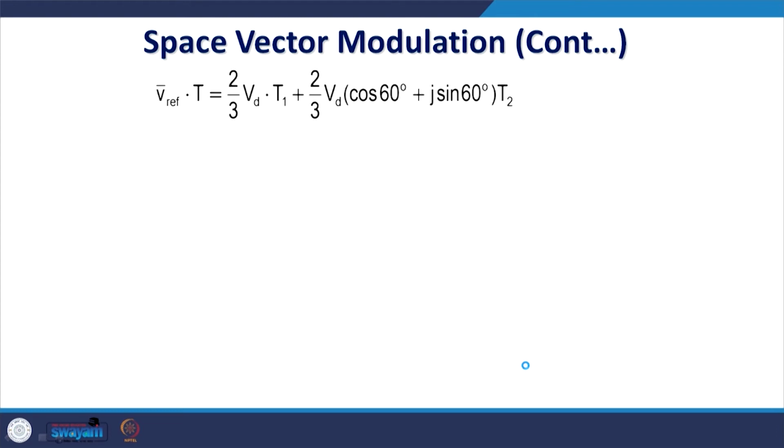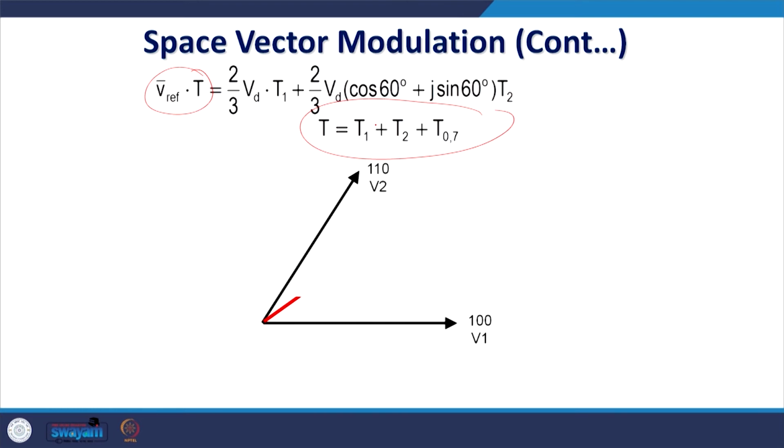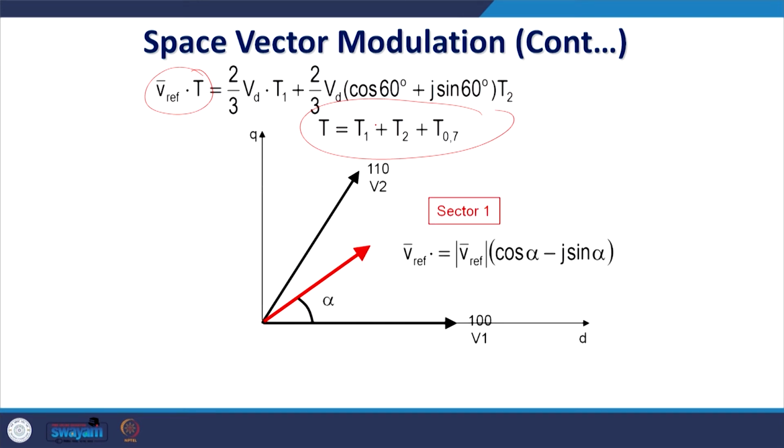So, what happened now, we can rewrite these equations, where T1 plus T2 plus T0 or T7 equals T, and we can rewrite this like this. This is the angle alpha, ultimately V ref equals V ref (cos alpha plus j sin alpha).